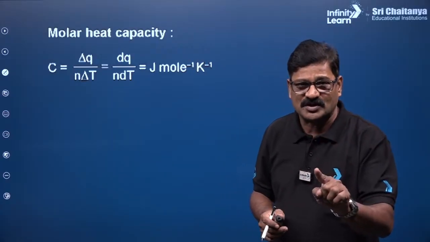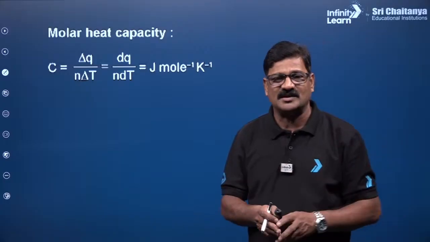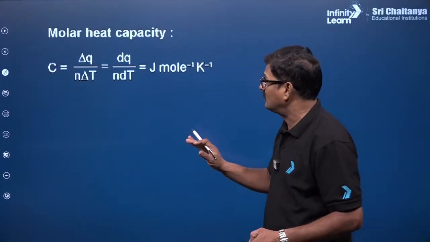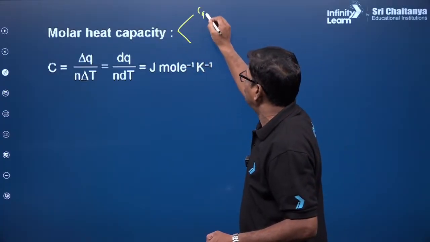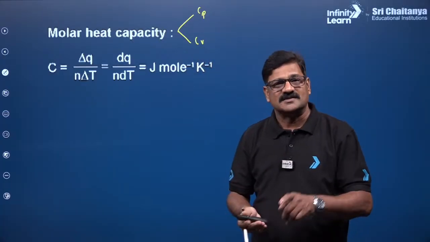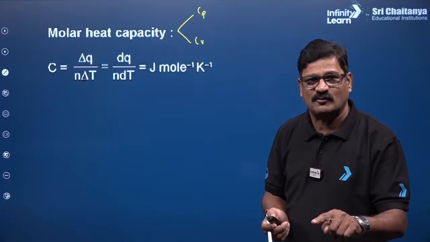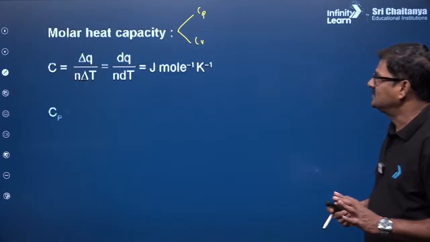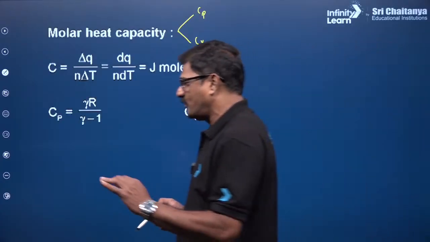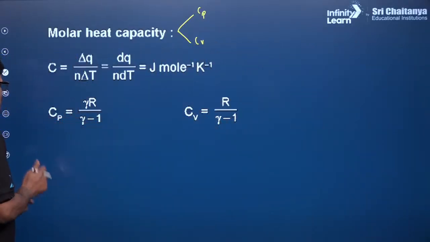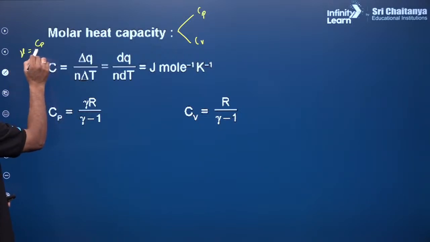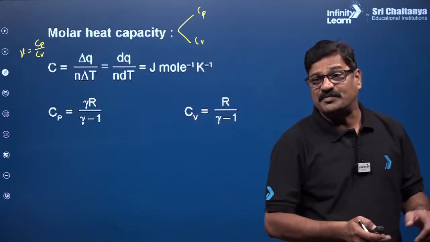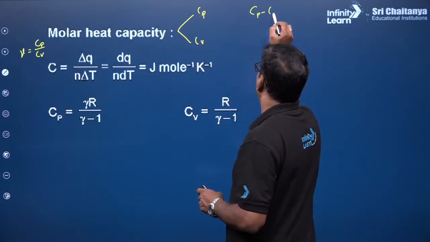For 1 gram of substance it is specific heat capacity, for 1 mole of substance it is molar heat capacity, and it is of two types, Cp and Cv. Cv is molar heat capacity at constant volume, Cp is molar heat capacity at constant pressure. Cp is equal to gamma R upon gamma minus 1. Gamma is called the Poisson ratio, the ratio of Cp to Cv, and Cv is equal to R upon gamma minus 1, and Cp minus Cv is equal to R.